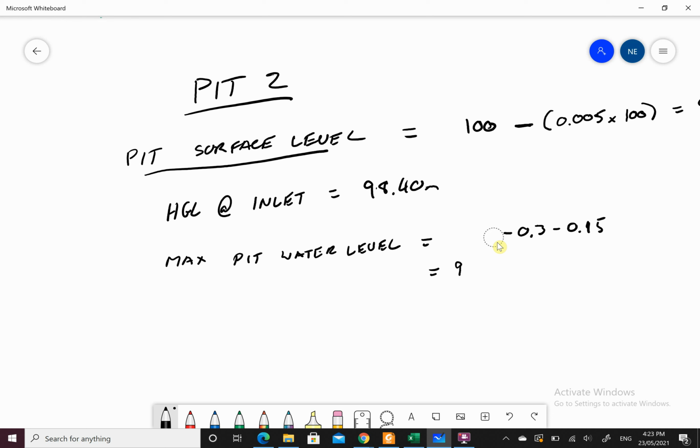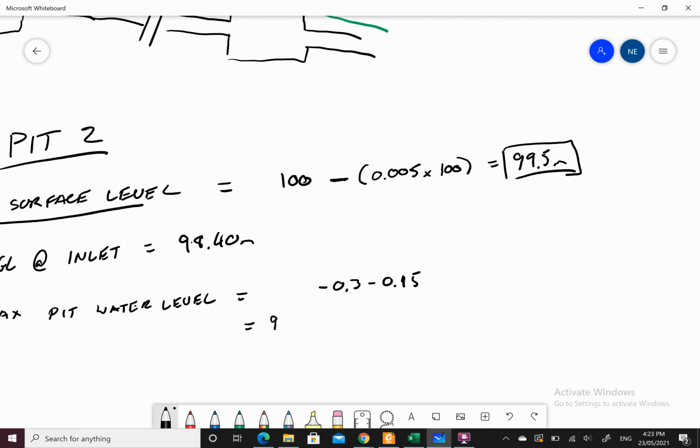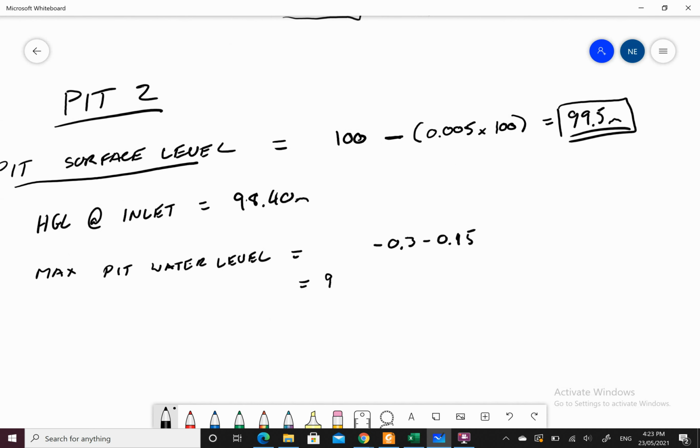Sorry, max water level is from this one here, the top of the pit. And so that would give me 99.05 meters. That's my maximum pit water level.